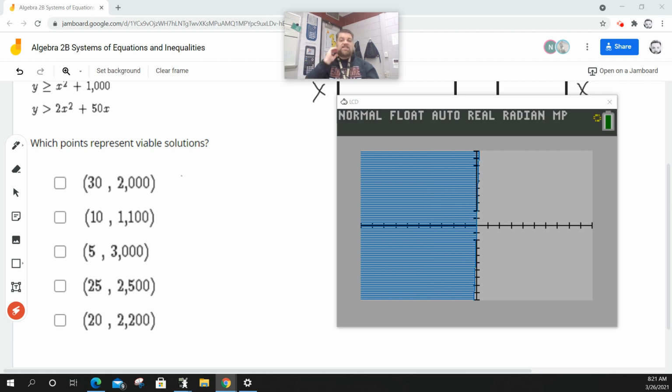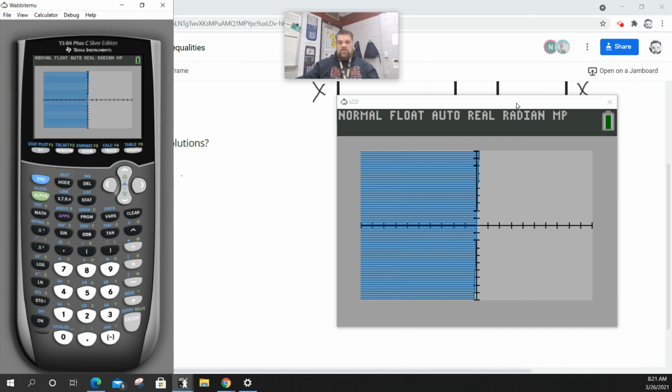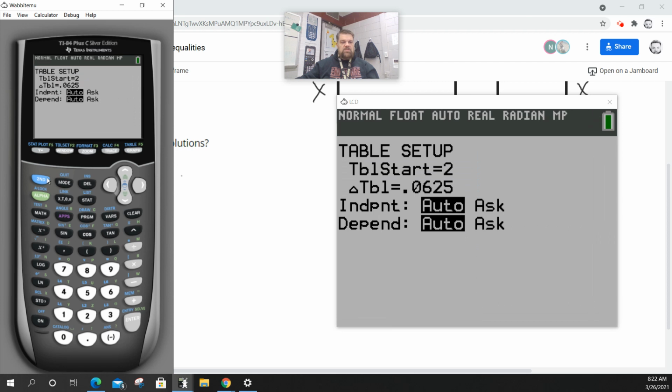So I could have various lengths for these things. But what I notice is that the x values are all positive. The lowest one is 5. The highest x value is 30. So I'm going to go on my calculator and adjust.